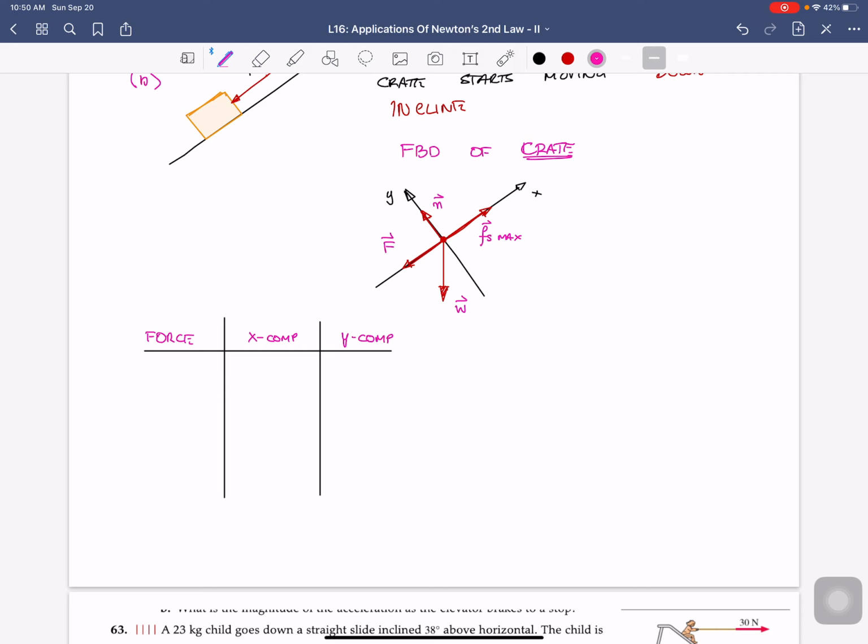The only big difference is, as you can see, this angle is also theta, just as before. Most of it is the same as before. Our discussion hasn't changed. So you've got these forces.